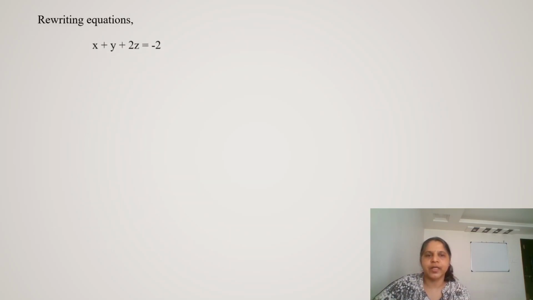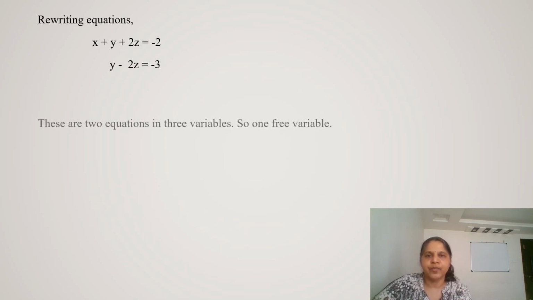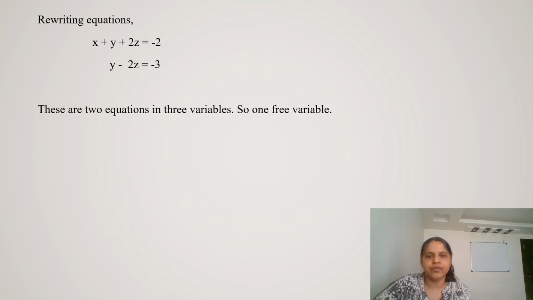So rewriting equations, we have x plus y plus 2z equal to minus 2 and y minus 2z equal to minus 3. Here we have only two equations and the variables are 3. Therefore, we have one free variable, so z is the free variable. We shall write z equal to t, where t is any real number.